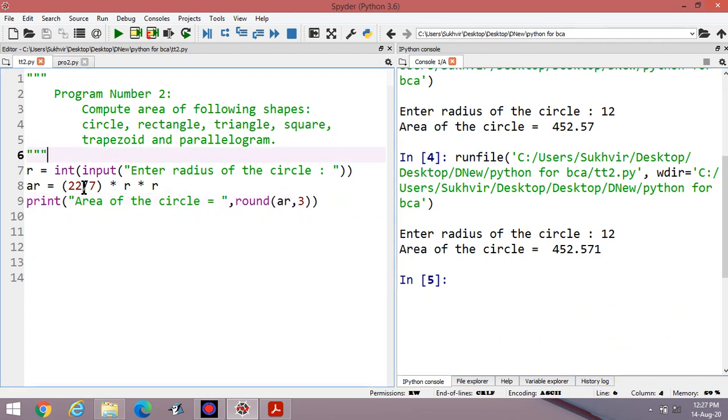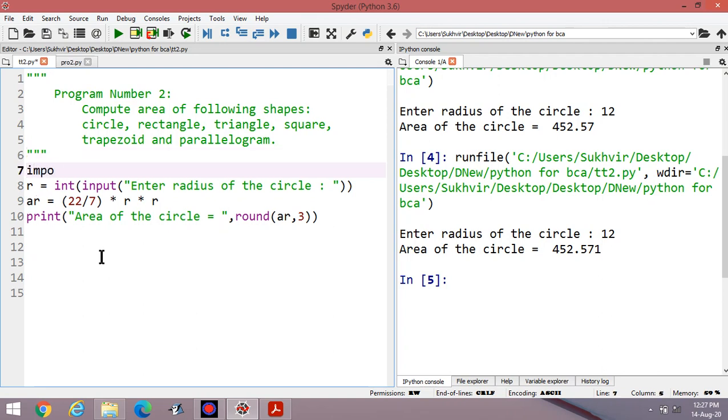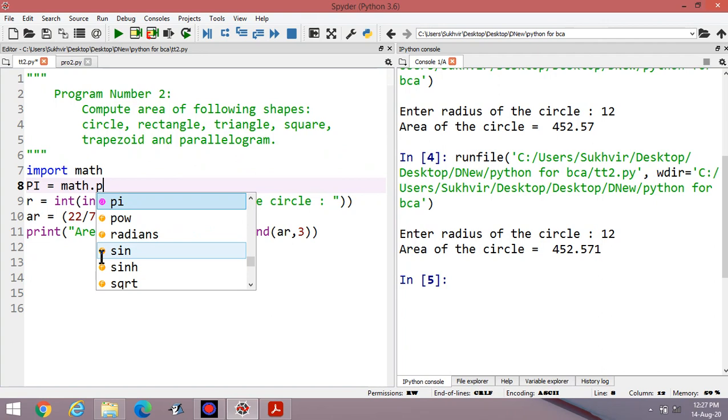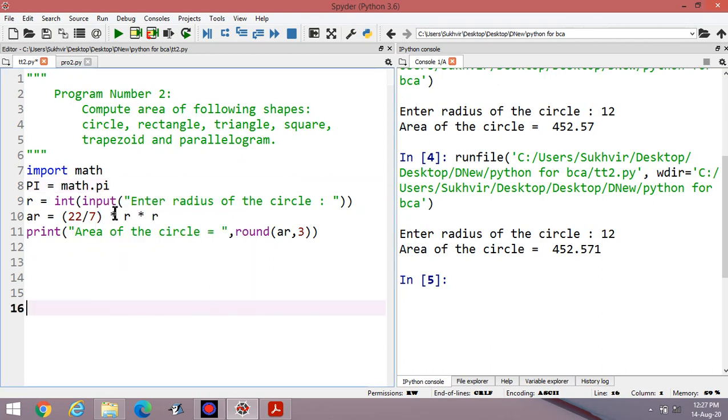To implement 22 upon 7 or the value of pi, we can also use import math. This one is the best approach. Suppose one variable is there, pi, you can write here math dot pi. This value is already defined inside Python.